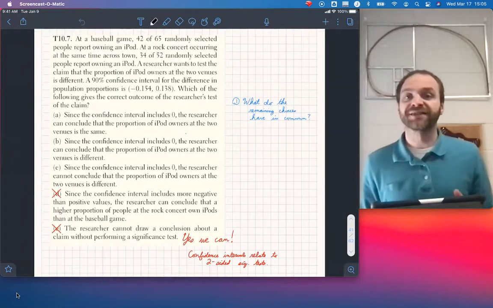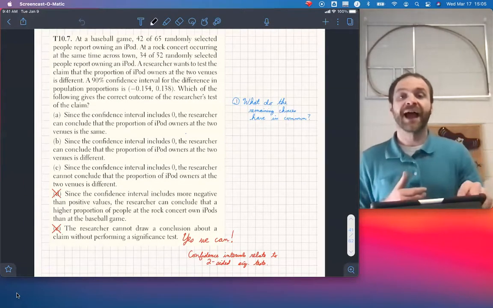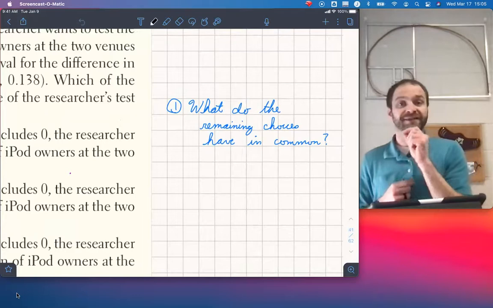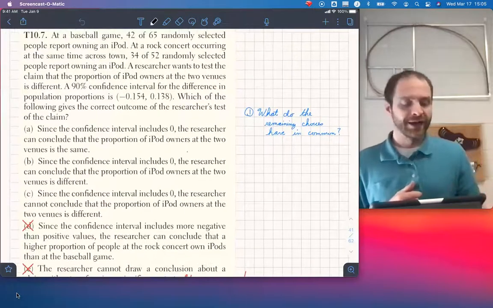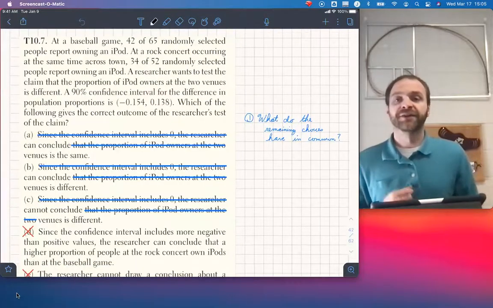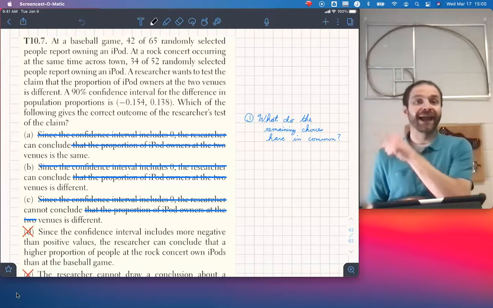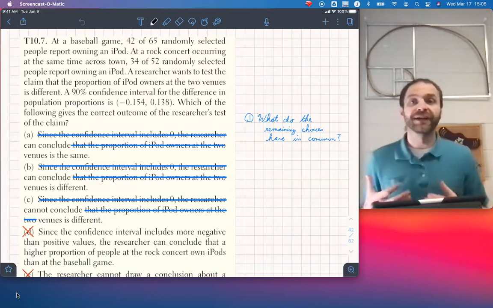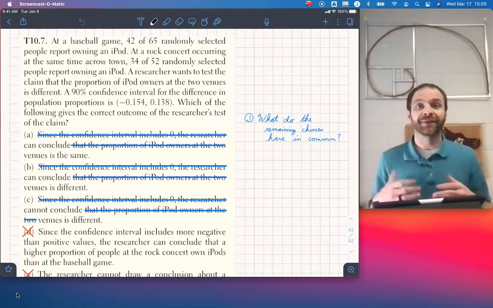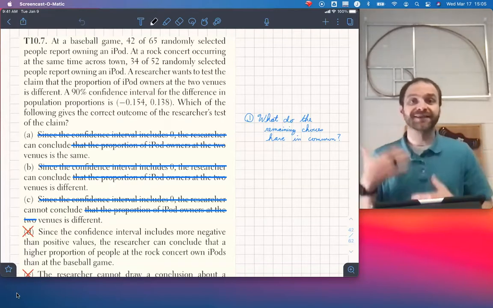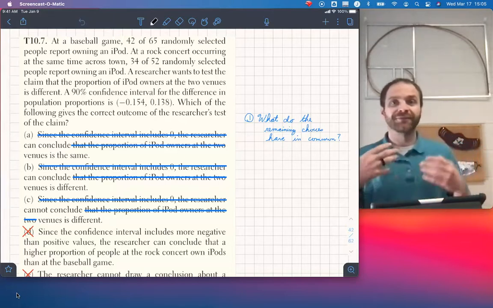Well, what I'm going to do is see what the remaining choices have in common. I'm going to skim through and see what they have in common and find out what they don't have in common. So if you look at it, everything I have in blue crossed out is everything they have in common. So really, I can just focus on the parts that are not in common. If I try to read all those choices, it's going to all sound familiar, and I'm going to start mixing up certain words.